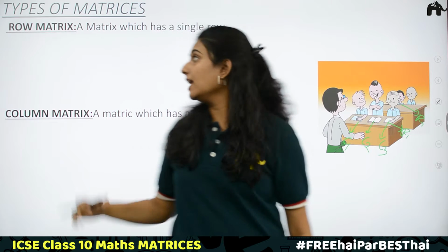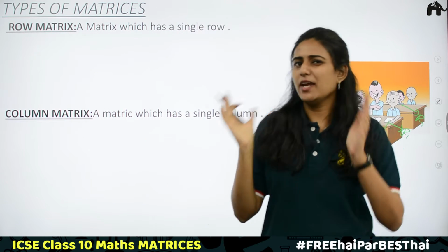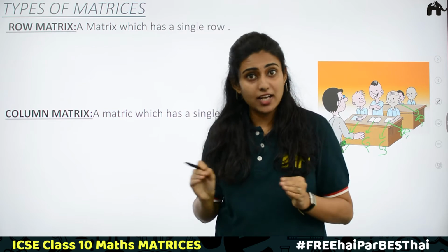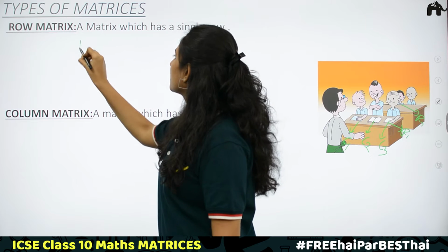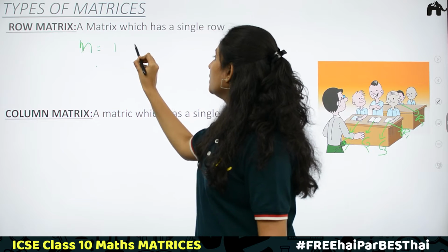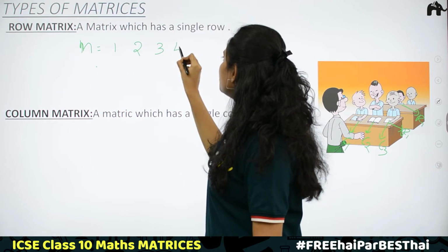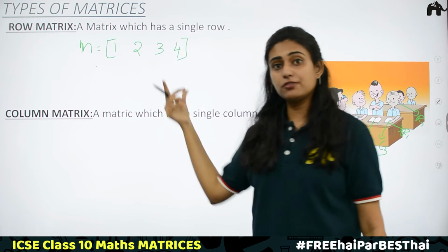Okay, now let's understand what row matrix and column matrix are. What is a matrix? We know matrix is a rectangular arrangement of numbers. Here I am taking a matrix M. M is equal to 1, 2, 3, 4. Here what are the number of rows?